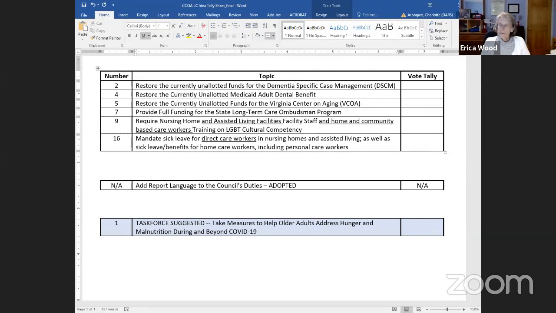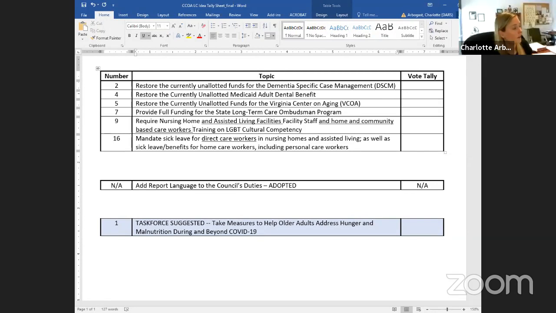This is to put forward the recommendations listed in the top table to the council for the September 16th meeting. These recommendations will be slightly cleaned up and modified by Erica and me and presented at that council meeting along with the annual report.